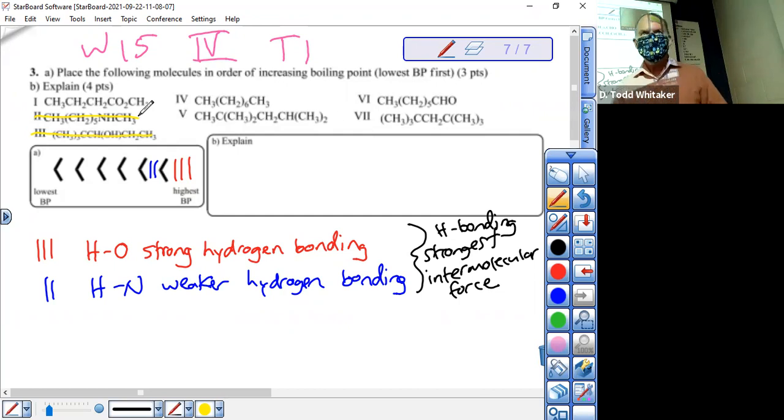Next up is dipole-dipole. I'll remind you the 3 carbonyl containing molecules that have just dipole-dipole are aldehydes and ketones and esters. So do we have any of those here? And we have an ester right there and an aldehyde here.